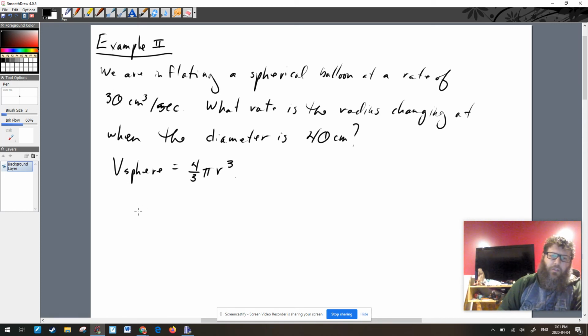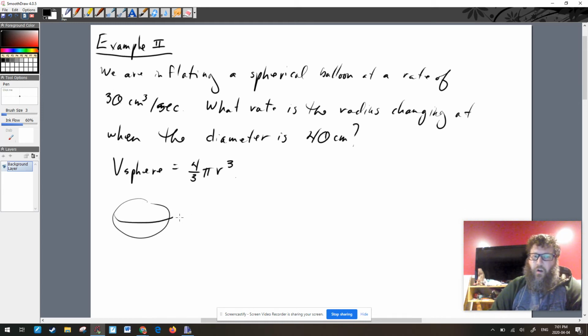So we're going to start by doing our diagram. So there's a lovely sphere. And we know that the volume is changing at 30 cubic centimeters per second. So let's talk about our givens. We're given the formula. That's super relevant because we're going to have to use it.